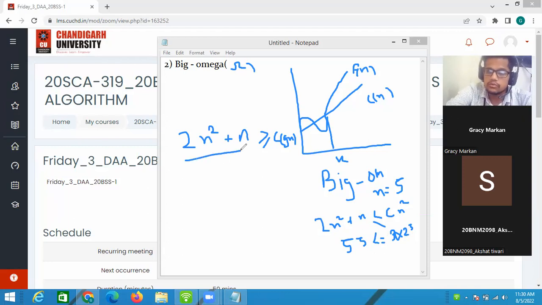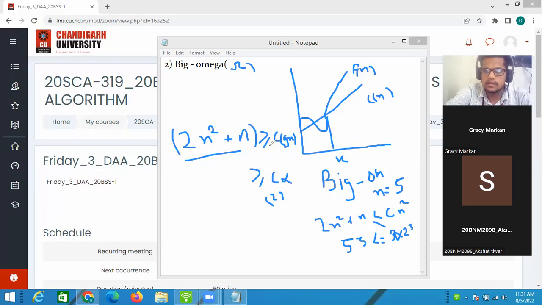This condition is true till the value of C is 2. But when we have 3, big omega is going to give the best case. This Fn is going to be true, meaning greater than, till the value of C is 2.